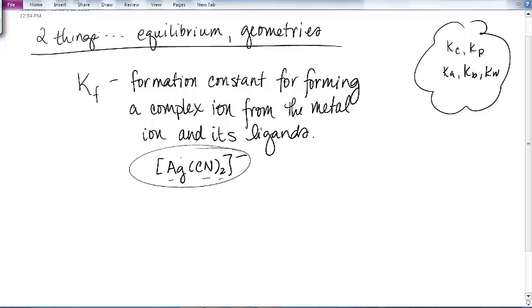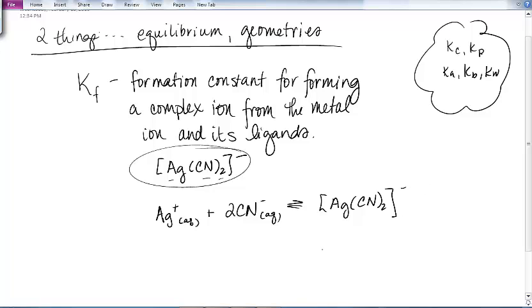But we're talking about the formation of this. So the equation that you would draw for the equilibrium would look like this: the silver ion plus 2 cyanide ion at equilibrium in order to form the complex ion. So with a KF, the complex ion is always on the right-hand side.